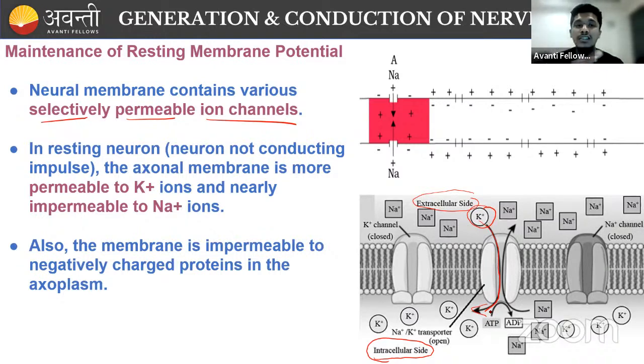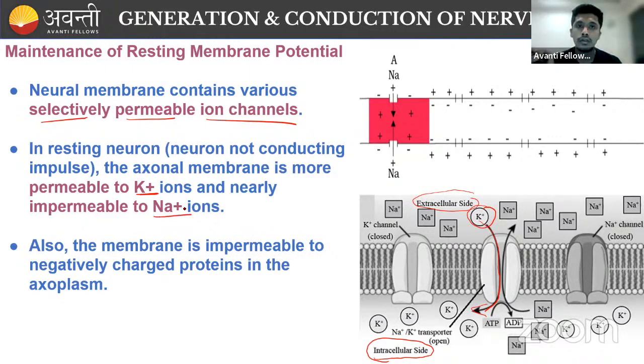The sodium ions are strictly not permitted into the cell at the resting state. So let us put it in a right statement. Whenever the neuron is at resting potential, where there is no conduction of an impulse, the permeability of potassium ions is more, from outside to inside of the cell, whereas it is completely impermeable to sodium ions.